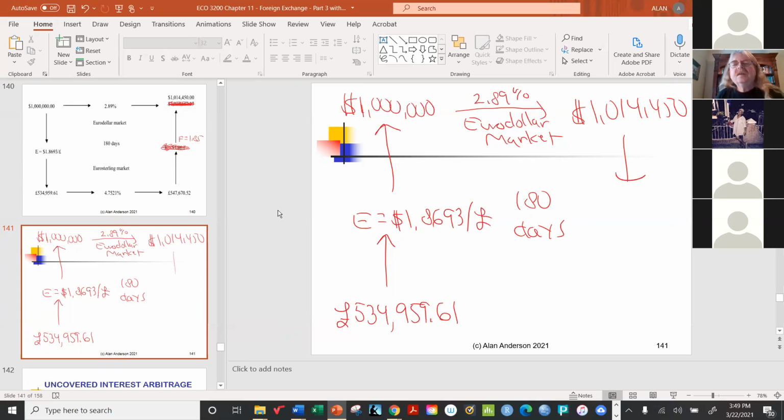But now we're selling these for pounds at the overvalued F equals 1.85. And so what's going to happen is that we will collect at the end, $1,014,450 divided by $1.85 per pound to give us 548,000.